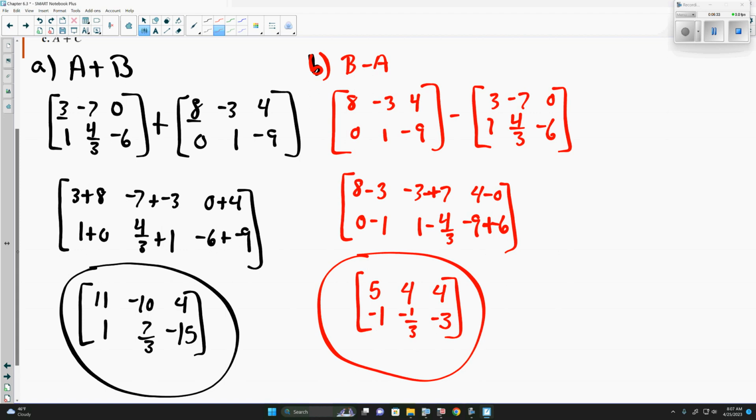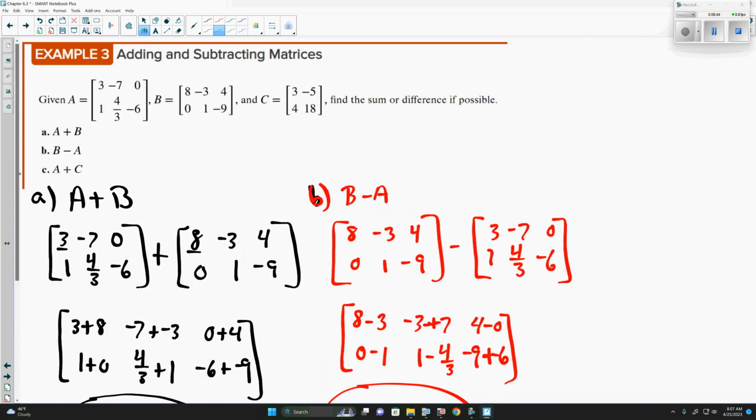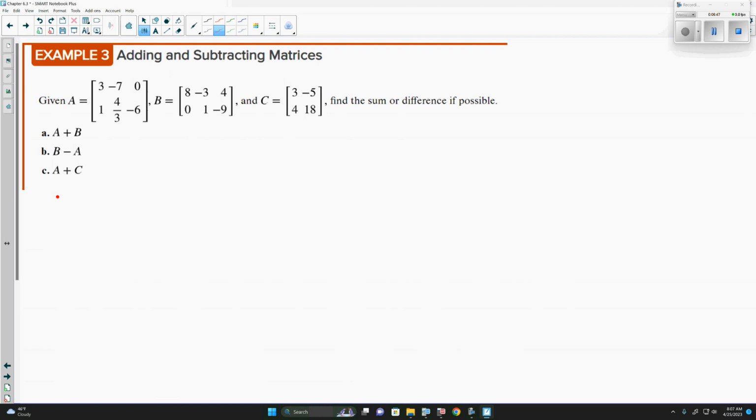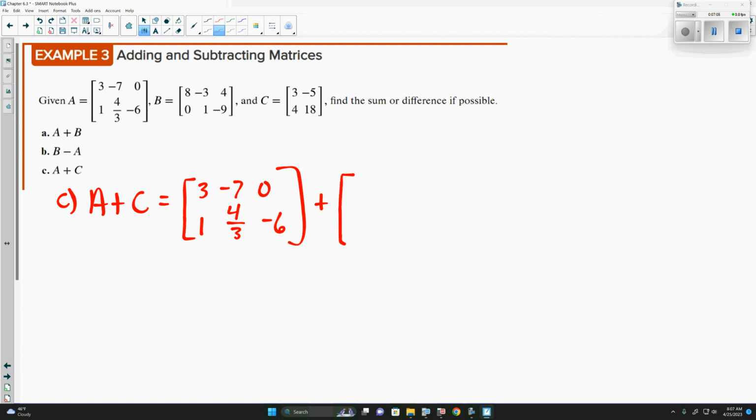Now we're going to look at C next, which is A plus C. So we can start out with saying A plus C, which is going to be the same as saying A, 3, negative 7, 0, 1, 4/3, negative 6, plus 3, negative 5, 4, 18.